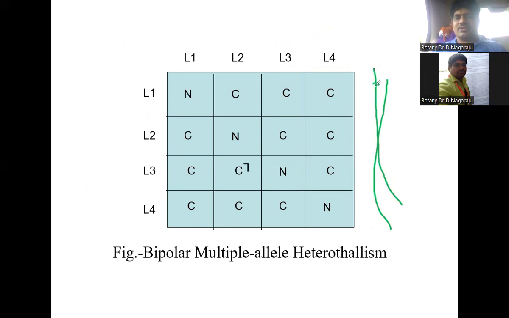Where there is genetic material, that is a locus, like L1, L2, L3, L4. There are variations happening in this because of this allelism.